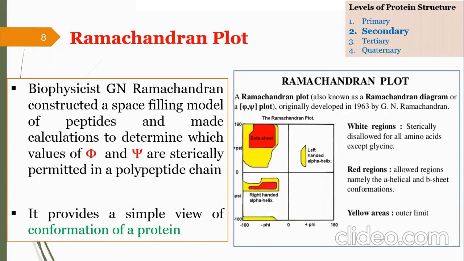There was a biophysicist, G.N. Ramachandran, who constructed a space filling model of peptides and made calculations to determine which phi and psi are sterically permitted in a polypeptide chain.